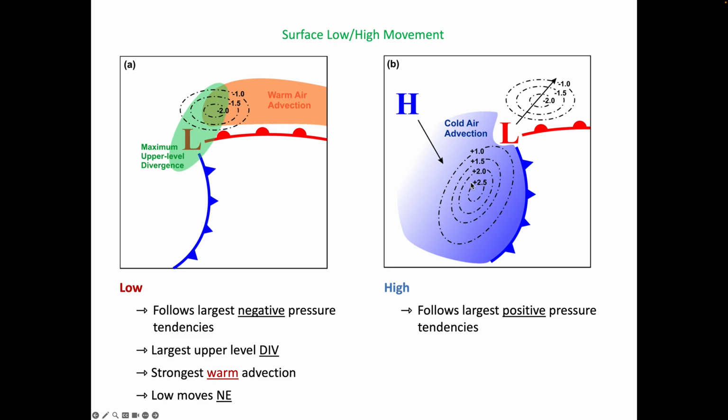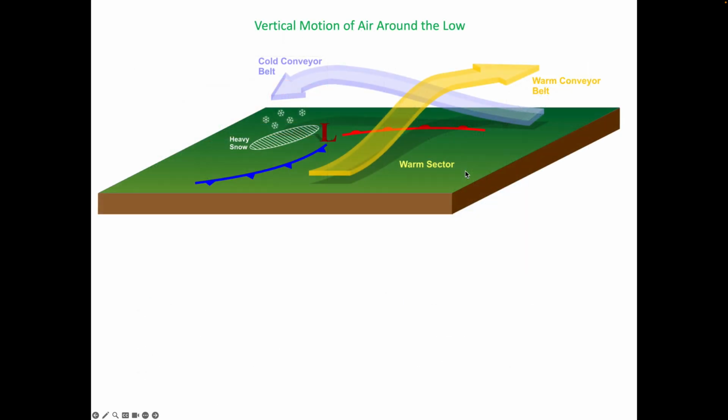But again, I just want to make clear that that cold advection, while it increases the density of the column, doesn't change its weight. So the movement of the high pressure follows the largest positive pressure tendencies. This is where we tend to get our largest upper level convergence, so where we have strong, rapid increases in absolute vorticity at upper levels. And again, where we get our strongest cold advection at the surface. And so the high moves to the southeast.